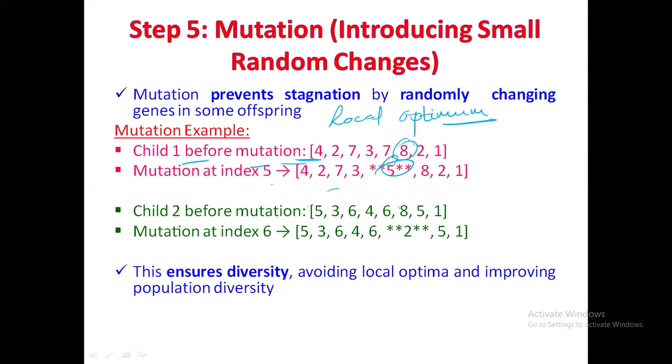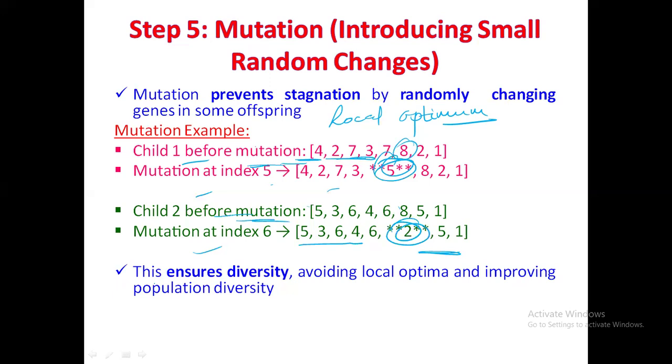Here, child 1 before mutation is 4 2 7 3, and we are introducing 5 into this. Similarly, in the second, 5 3 6 4, 6 will be there, and we are introducing 2 into this. So this ensures diversity, avoiding local optima.